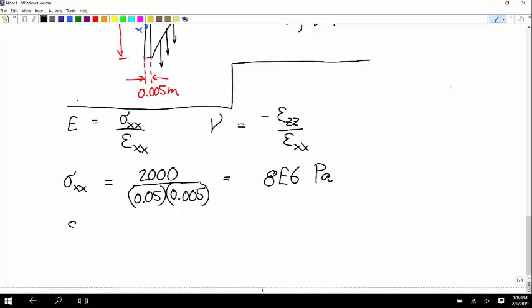And then epsilon XX is the deformed length along the x-axis, so 0.15, 3 zeros, and then an 8, minus the original, divided by the original. And what do you get for that?